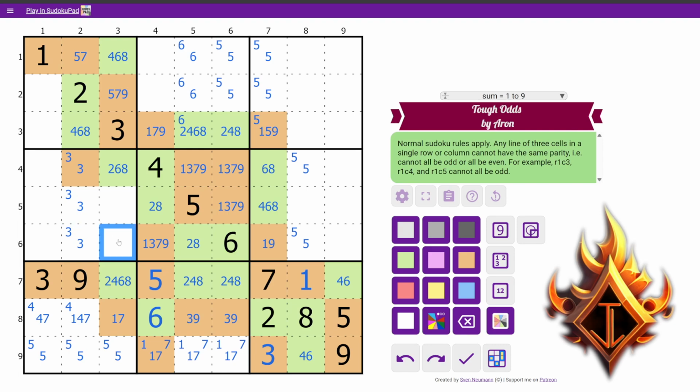But this cannot be even, because then again, both these would be odd. So this is odd. Now this has to be the even. And now the other even has to go over here, which will be the last one. So this is odd. And now these two are even.